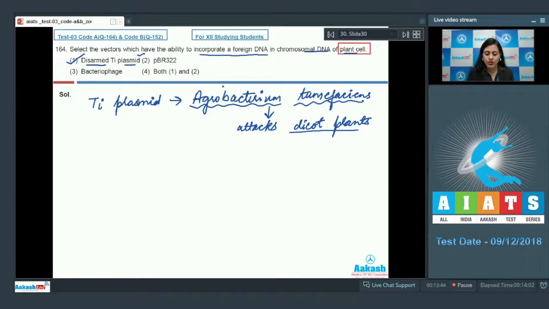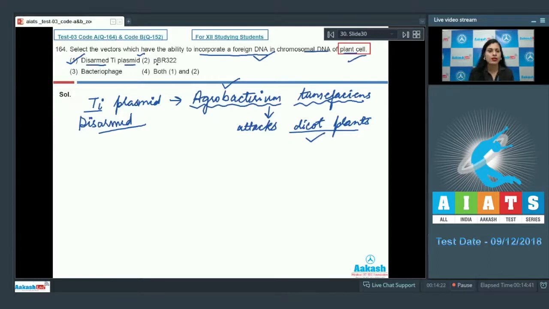And this natural infection of this Agrobacterium tumefaciens will lead to the incorporation of foreign DNA in chromosomal DNA of these plants. So it is this disarmed Ti plasmid which is used to incorporate foreign DNA into plant cells.